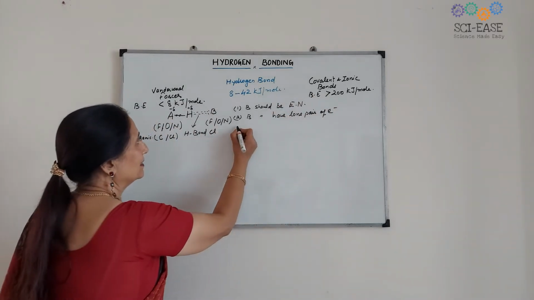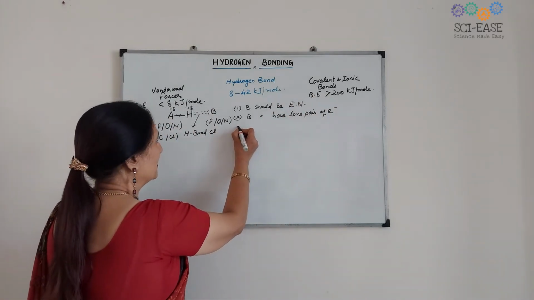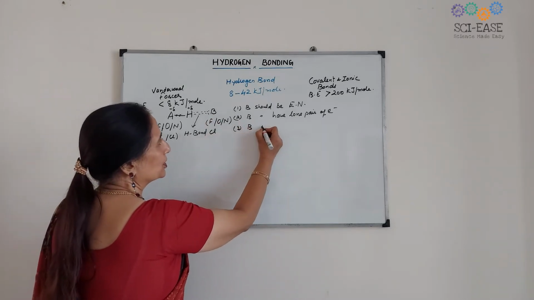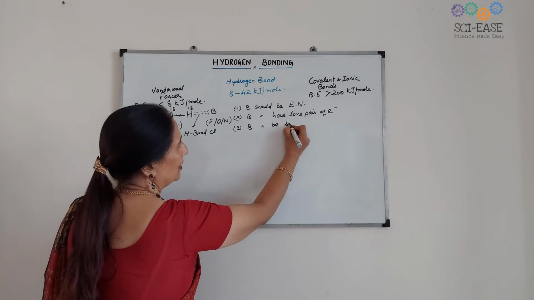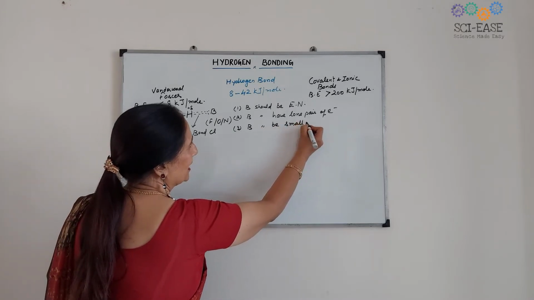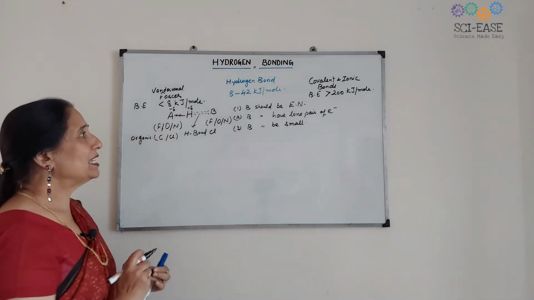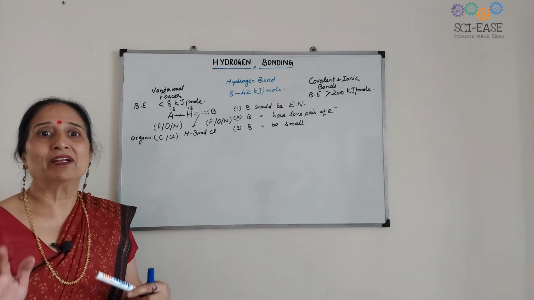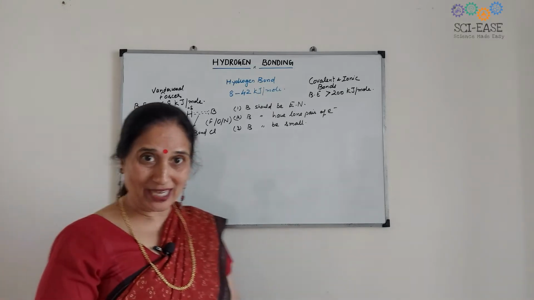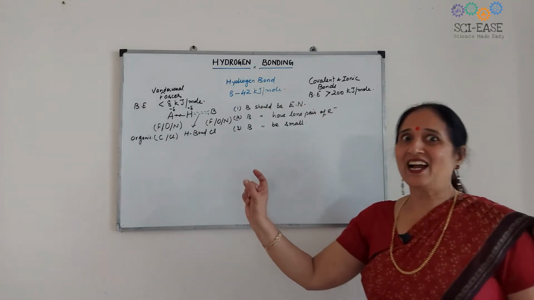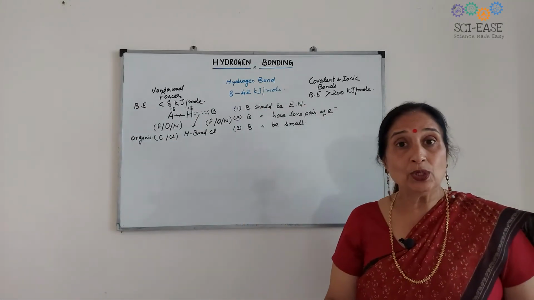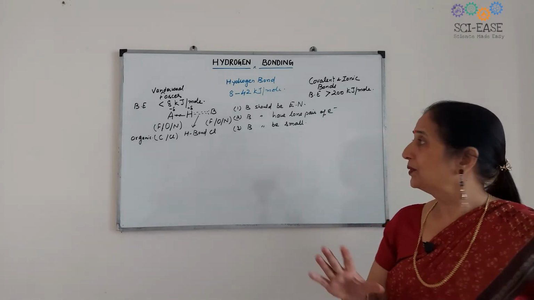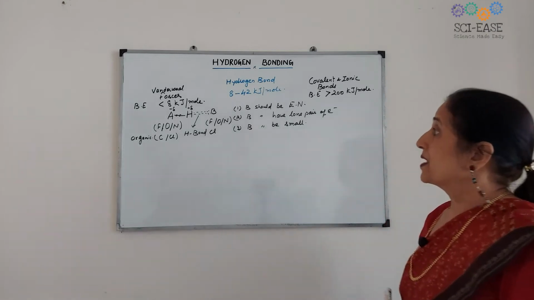And third thing, B should be small. So there should be three characteristics of this B, and as a result, the hydrogen bond will be formed. So this is the hydrogen bond. I will tell you by taking some examples, and the things will become more clear to you.